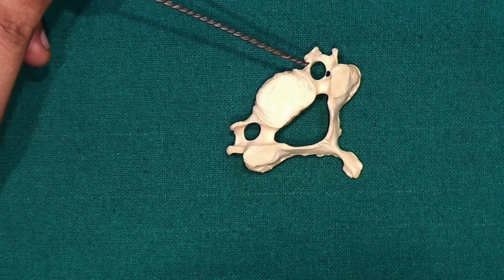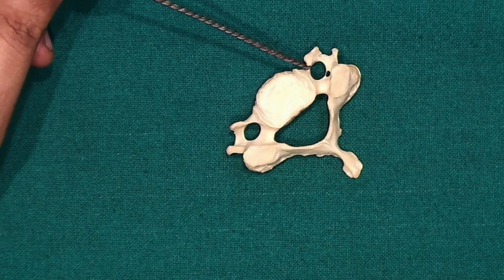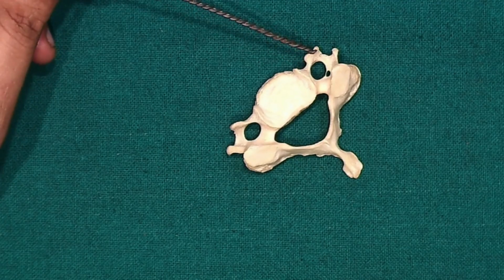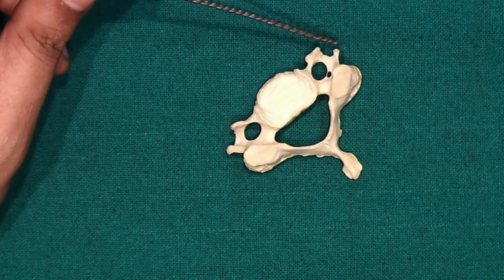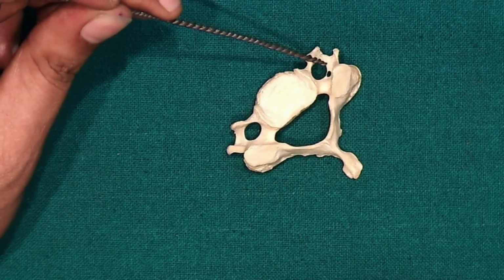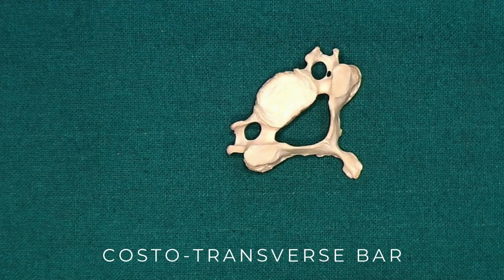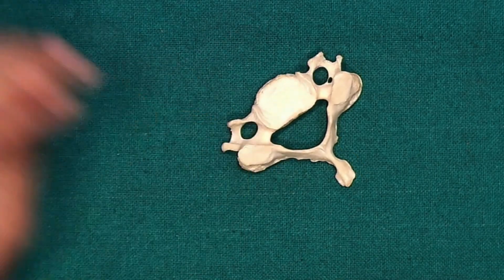Further, we can see that the transverse process consists of the anterior root, the anterior tubercle, the posterior root, the posterior tubercle, and in between the two tubercles, the costotransverse bar. Here, this is the costotransverse bar.